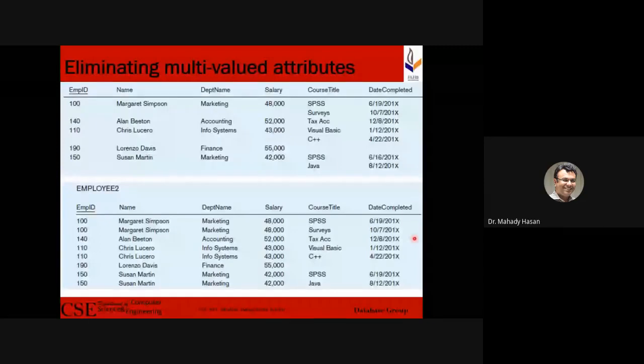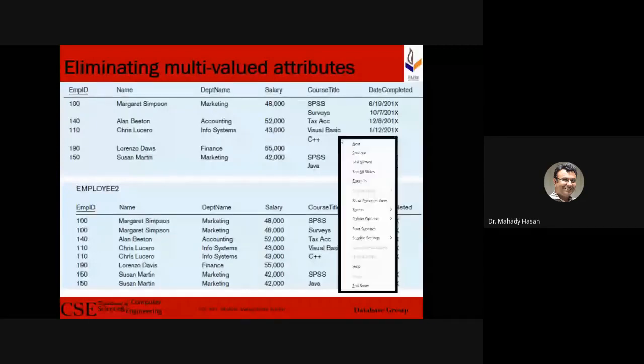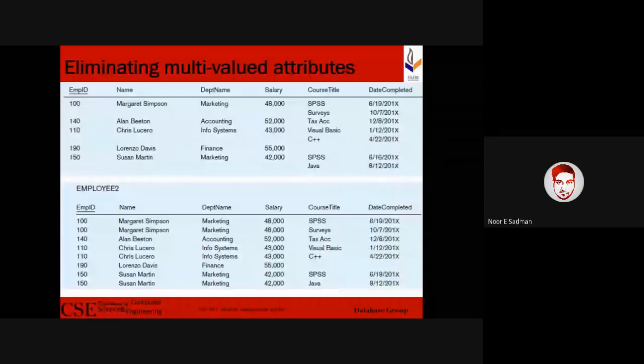So what next? This combination is not working. So what else can we do? We are supposed to do a composite primary key, right?